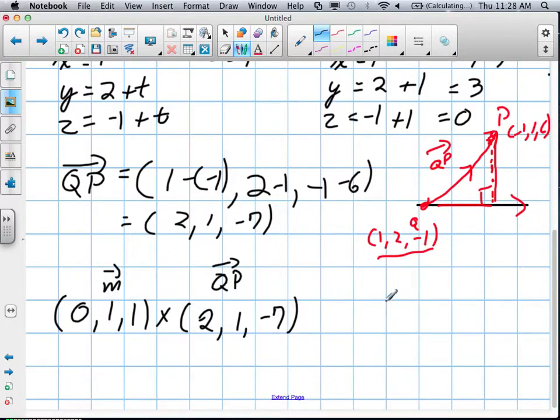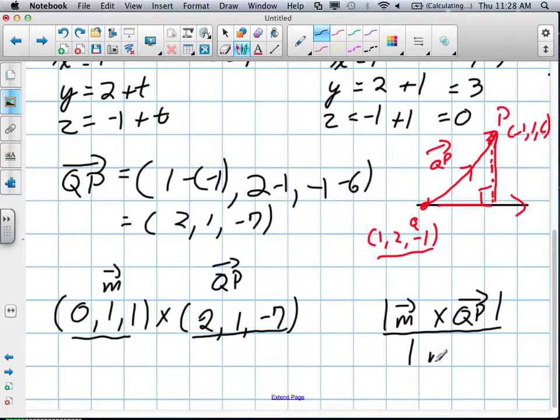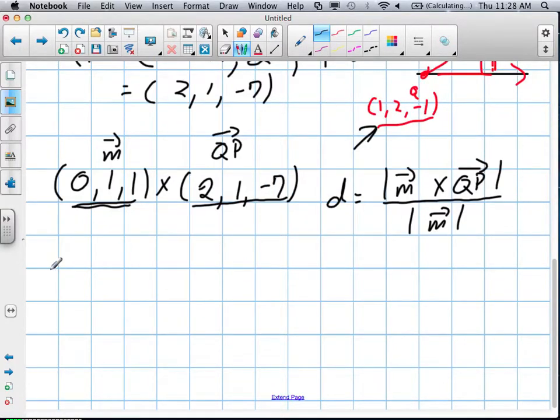This is important because if you remember our formula, it's the absolute value of M cross QP, divided by the absolute value of M. We found our QP, which is our goal, and we have our M. We're finding the cross product, which is going to be the top part of this formula. And then we're just going to find the absolute value of vector M, and that will be the bottom part of the formula. So when we go through this, A2 times B3 gives us negative 7.